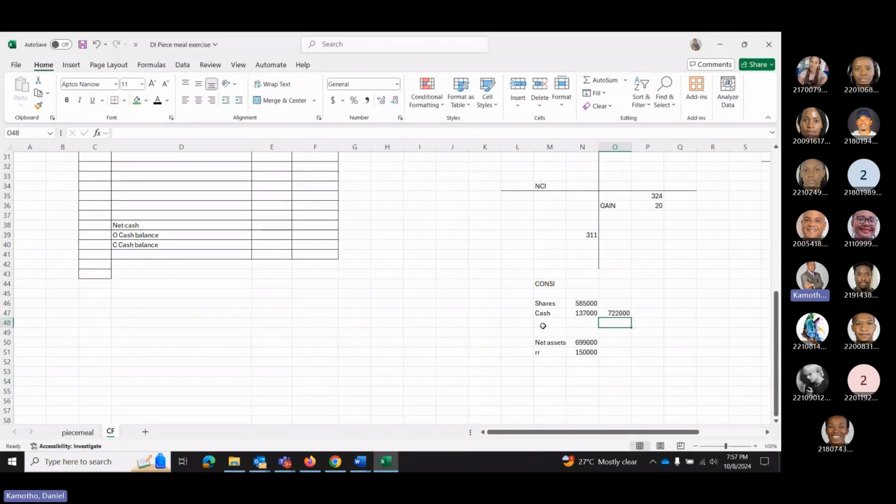And then we need to work out what NCI is. We can work out the net assets at the date of acquisition, which is these two added together, so it's 849. And therefore, we can work out what NCI is, which is 0.25 times the net assets here, which gives you 215.